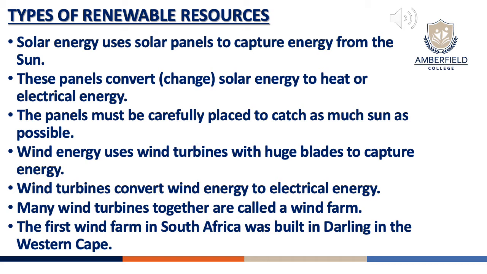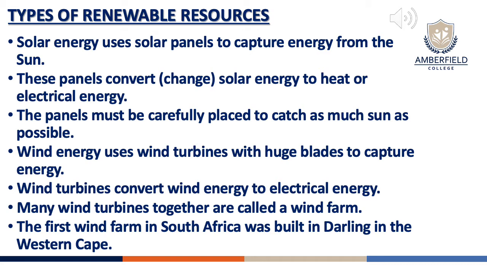Types of renewable resources. Solar energy uses solar panels to capture energy from the sun. These panels convert or change solar energy into heat or electrical energy. The panels must be carefully placed to catch as much sun as possible. Then wind energy uses wind turbines with huge blades to capture energy.